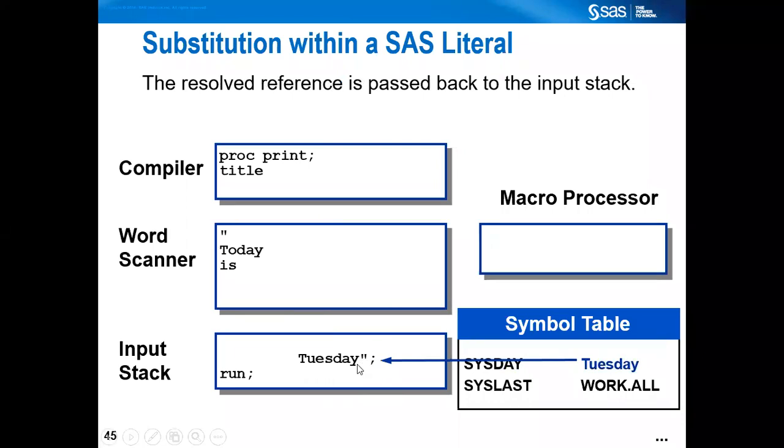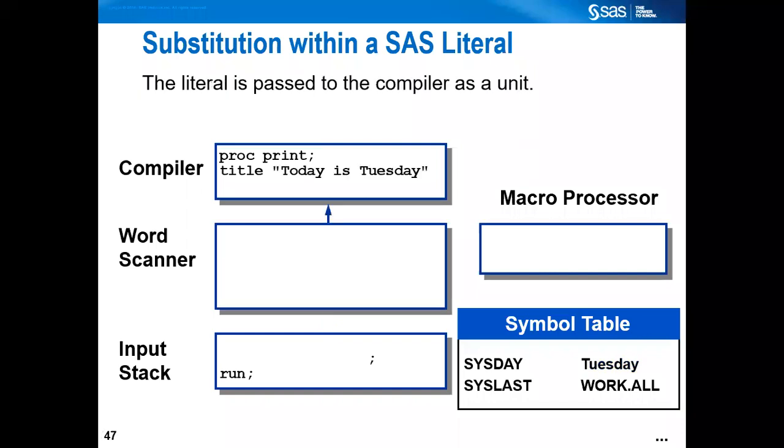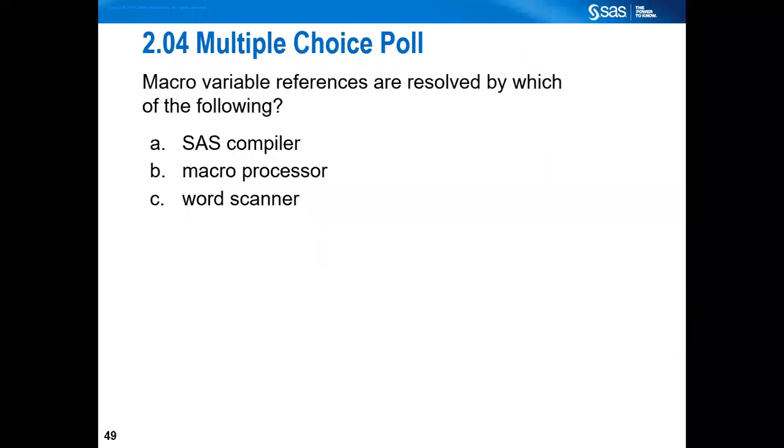Then this as a whole becomes a literal in the word scanner. So this literal with the semicolon as the end of your statement is sent to the compiler. The statement ends and now run is read. It is sent to the compiler, and once SAS encounters run, it indicates the end of your step and proc print gets executed. Getting it now? Understood?